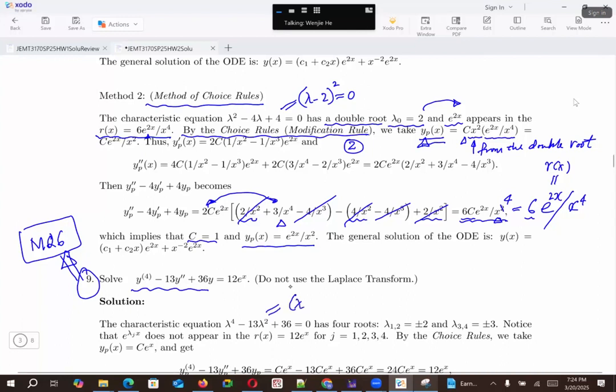Although it's order 4, its characteristic equation is pretty simple. You can do the factorization: minus 2, plus 2, minus 3, plus 3, equals 0. Single roots. So here you have 4 single roots.